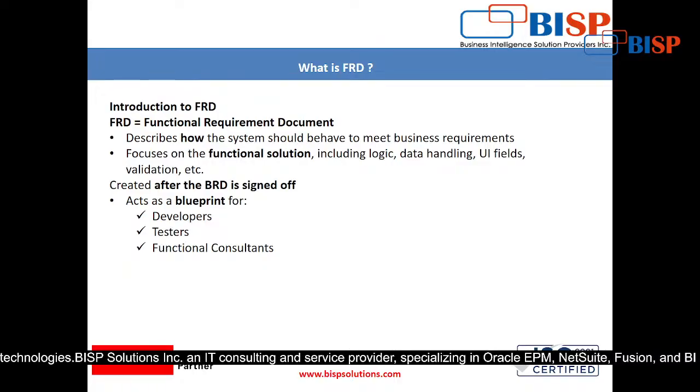Then the UI fields also. Suppose the business requirement document says we have 8 sales reps. Every sales rep has their own requirement for the sales order form, so we have to customize the forms according to their requirement before we can move ahead. Similarly, the validation: every sales rep requires validation.